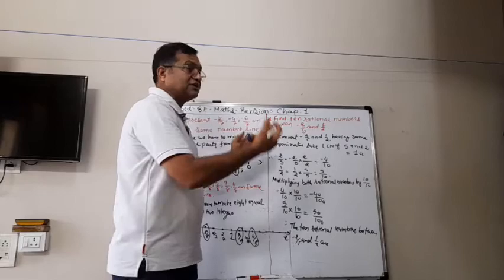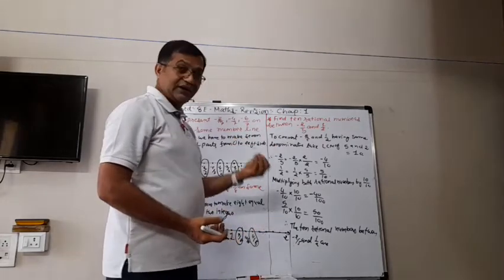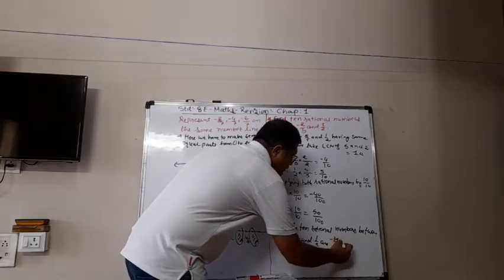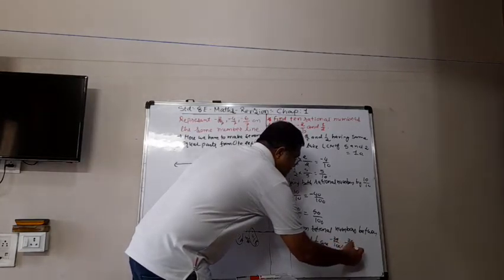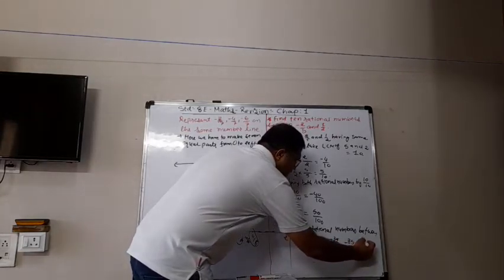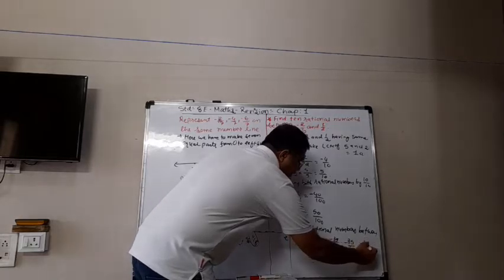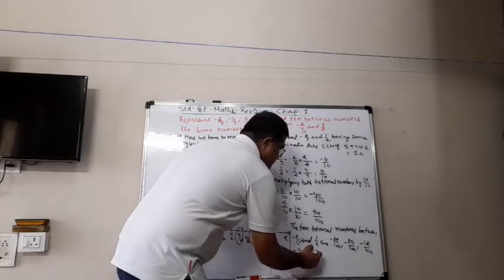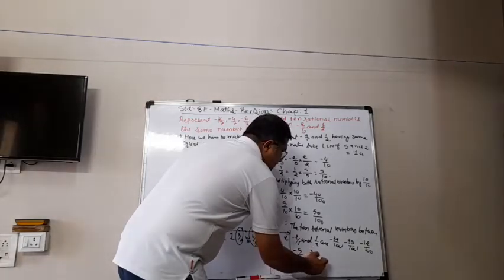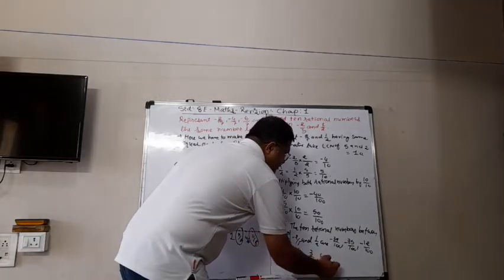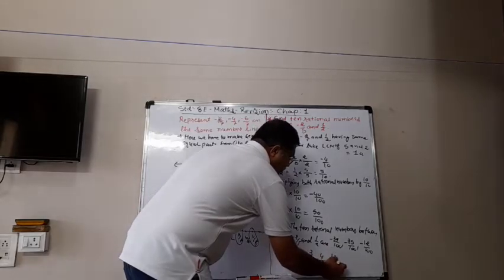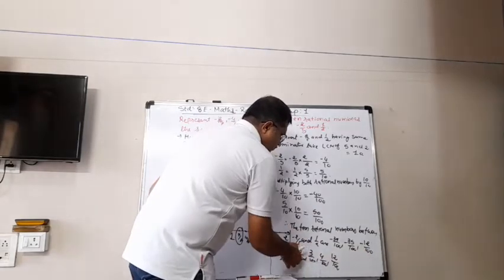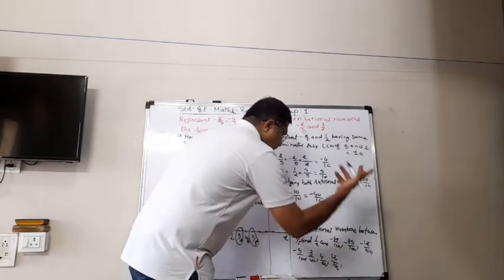So we can take minus 39 upon 100, minus 35 upon 100, minus 12 upon 100, minus 5 upon 100, 3 upon 100, 4 upon 100, 12 upon 100, any 10. So how many have we done? 1, 2, 3, 4, 5, 6, 7. Another 3.